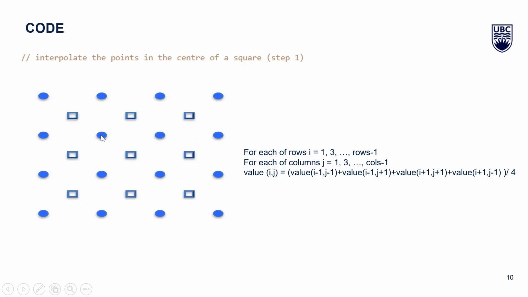In order to get the average we divide this summation by 4, so we can now calculate the value of all these new interpolated points.